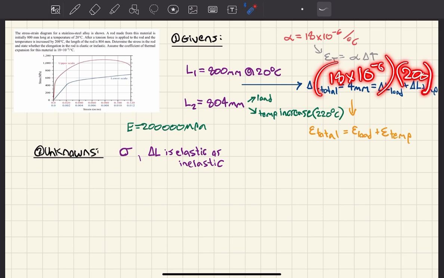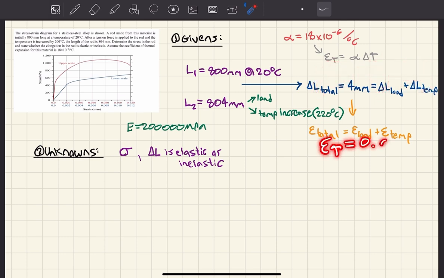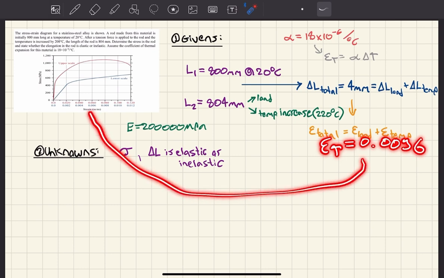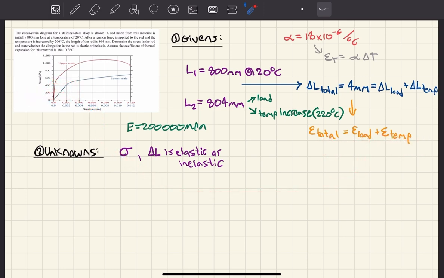And then I have the value here somewhere. You're going to end up getting that you have a thermal strain of 0.0036, right? And then you look on the graph, and then you pinpoint 0.0036, might be around here, maybe 490 megapascals. And then all of a sudden you're done. That wasn't 30 seconds, but you get the point. It's very, very simple.